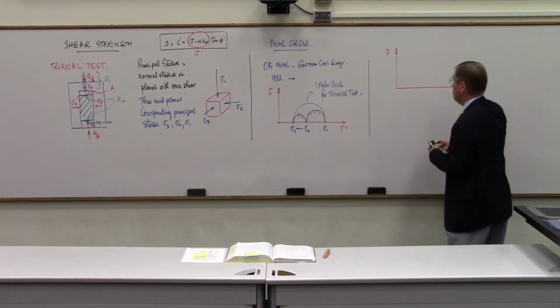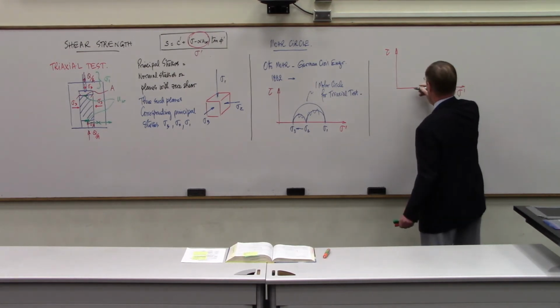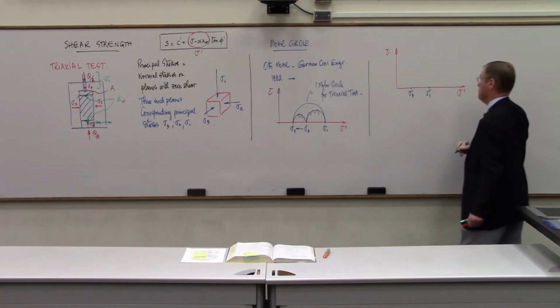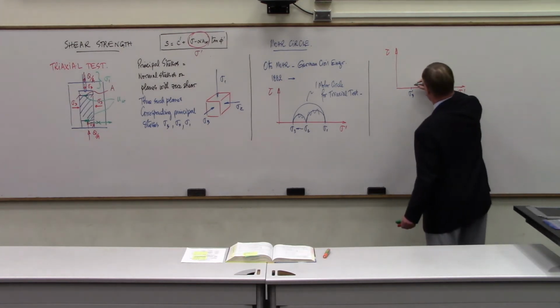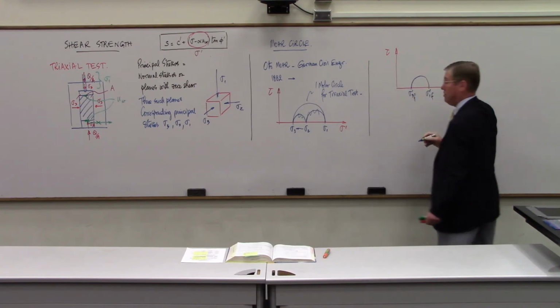And then we have sigma prime 3 here, and then sigma prime 1, and then we get the Mohr circle at failure. Okay, so this would be the values at failure.